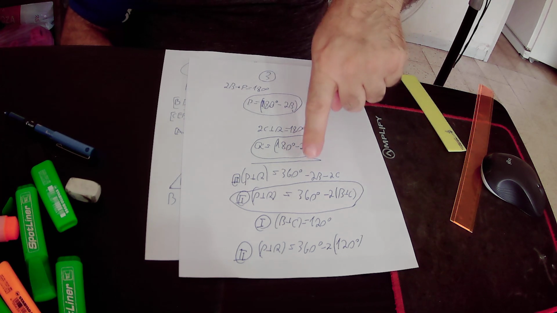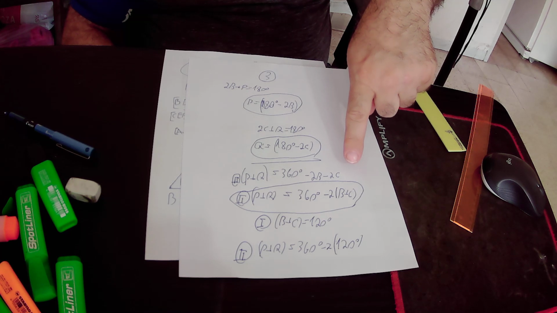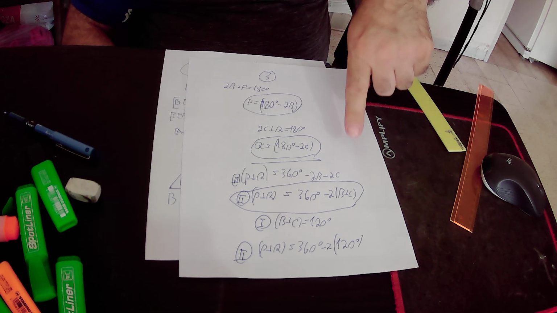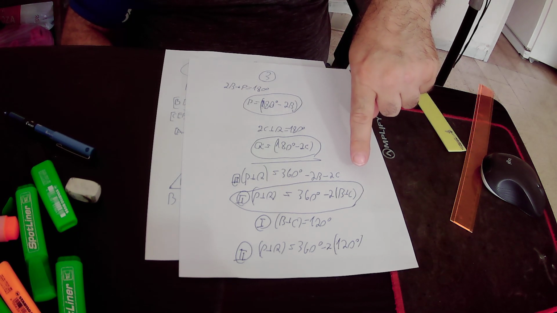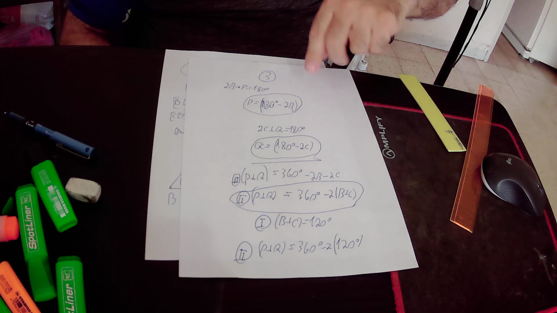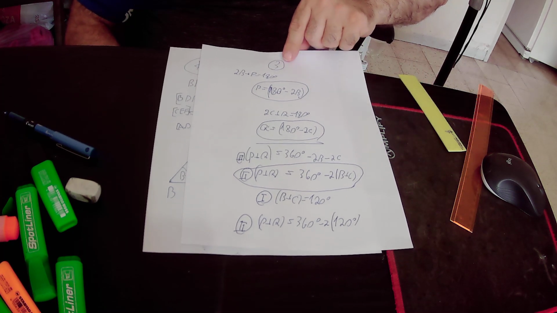But we have already found out that B plus C equals 120 degrees, so we can substitute B plus C in equation number 2 by 120 degrees. So we substituted B plus C by 120 degrees, and we found out that P plus Q actually equals 120 degrees.